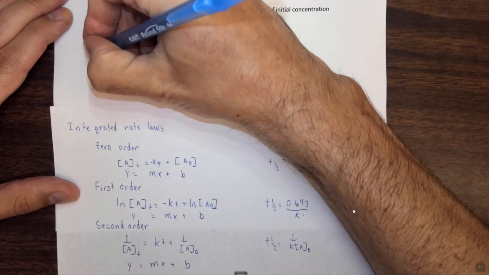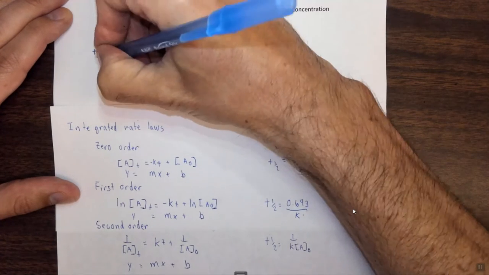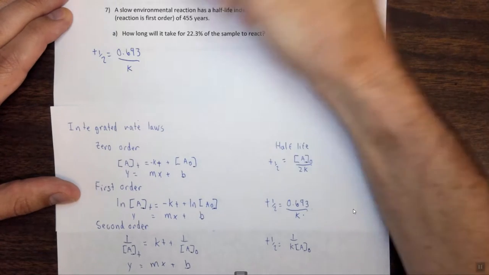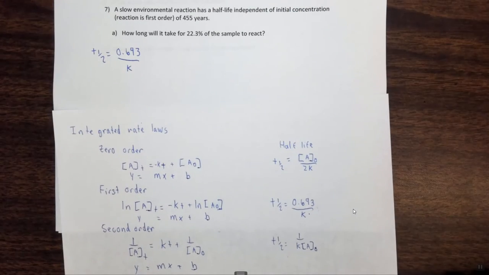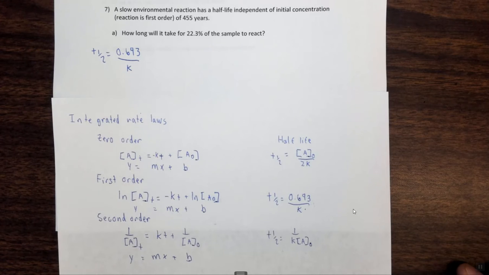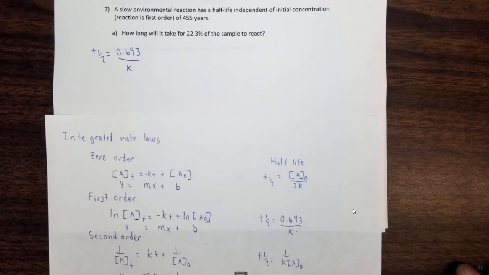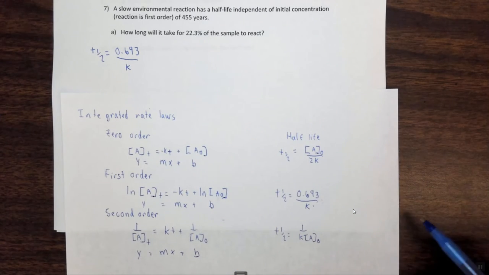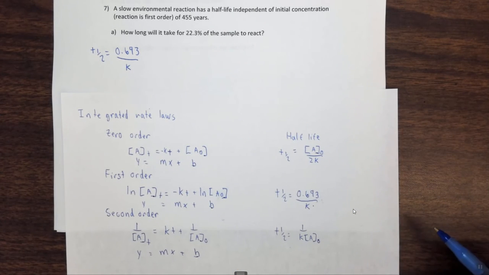So T1/2 is equal to 0.693 over K. Well, in this case, we actually want to find the value of K, and then we can use the integrated rate law to find how long it'll take for 22.3% of the sample to react.